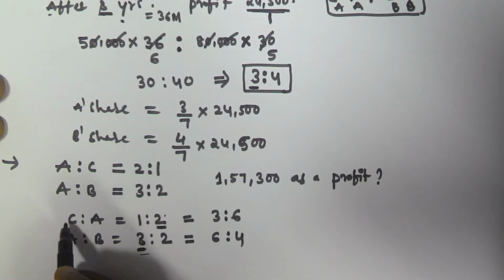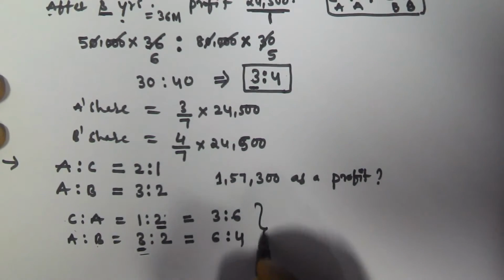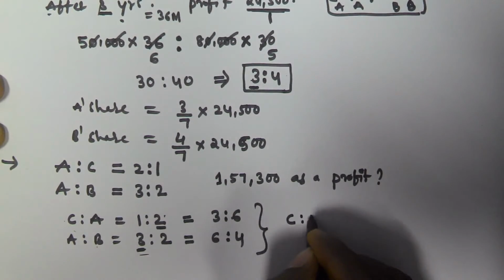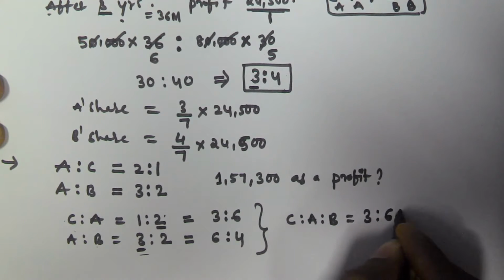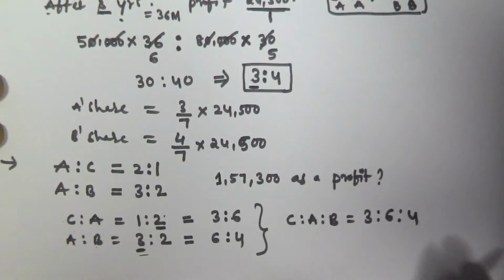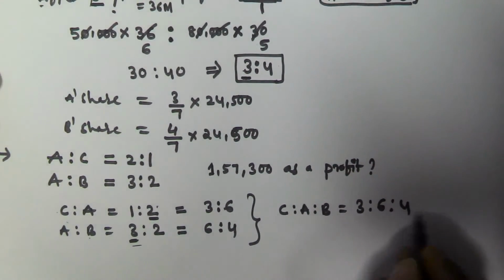Now C ratio A, and A ratio B. From these two I can write C ratio A ratio B is equal to 3 ratio 6 ratio 4.